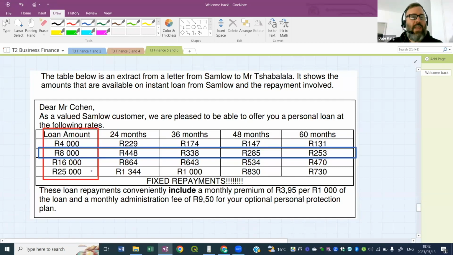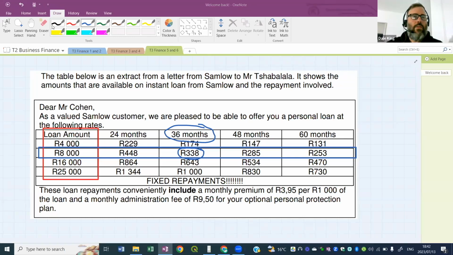If we take a loan of 8,000 Rand and we want to pay it back over 36 months, then we will look at 36 months and we will see we only have to pay back 338 Rand per month for 36 months to pay back that loan of 8,000 Rand. Okay, does that make sense?